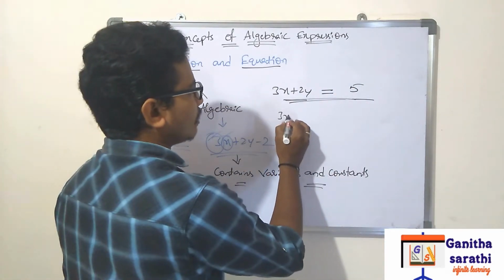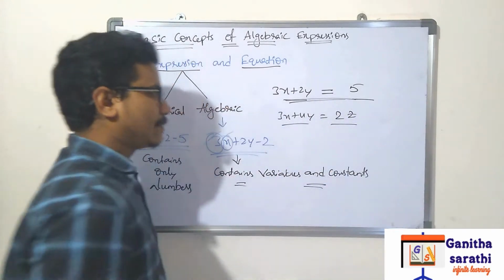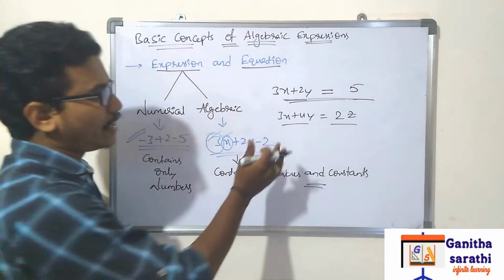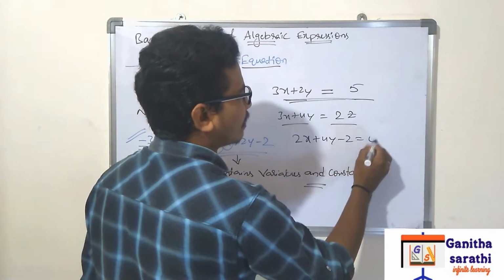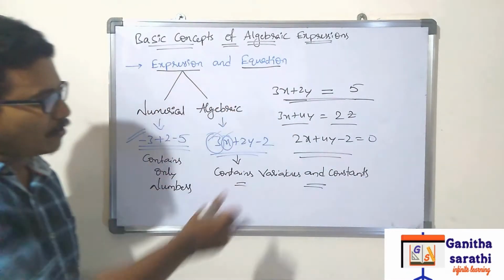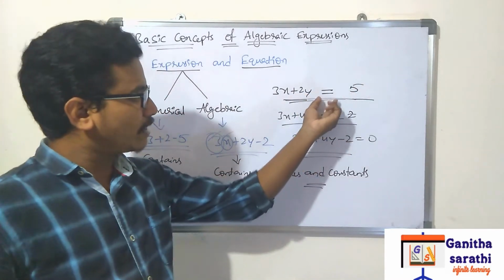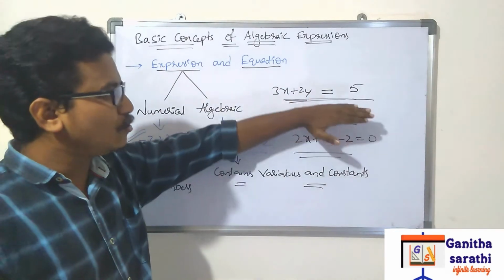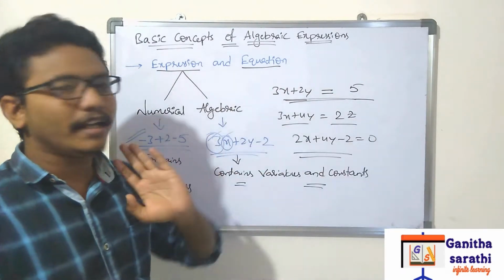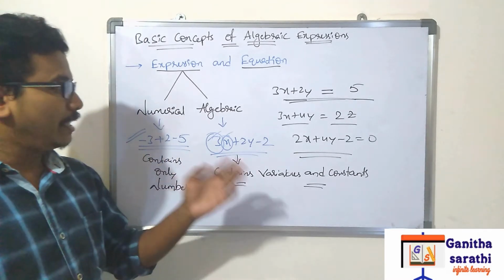For example, 3x plus 4y is equal to 2z. This is an equation, right? And 2x plus 4y minus 2 is equal to 0. So these types of values, where two expressions are separated with an equal symbol, are called equations, right? We will use the equal symbol whenever we write equations, but in expressions we will not use any equal symbols.